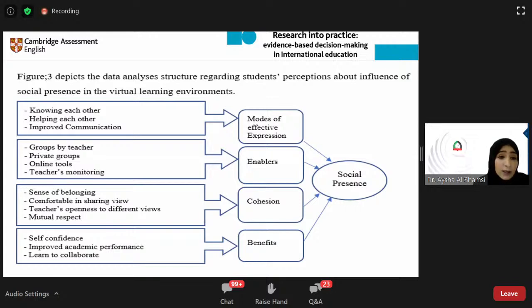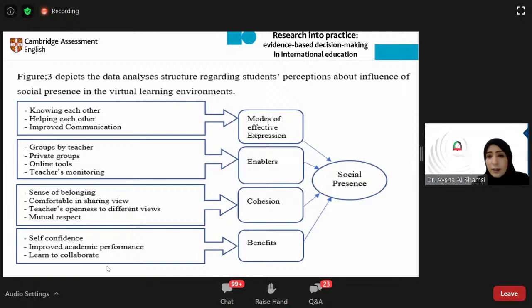The privilege was they knew each other before moving to the online learning, and this helped them support each other. Also, they joined different groups, they joined different students, they created this sense of commitment that they need to support each other, doesn't matter her friend or not.